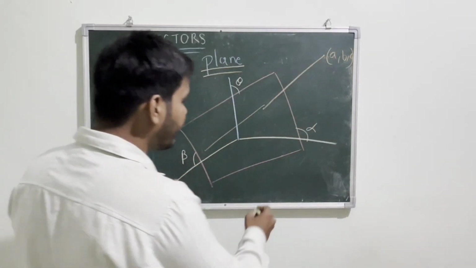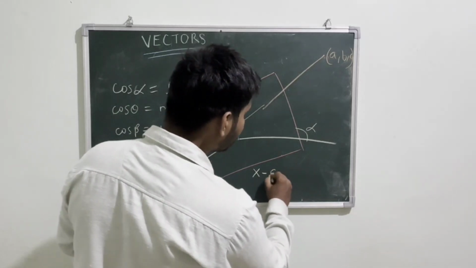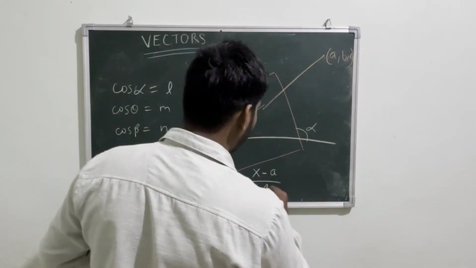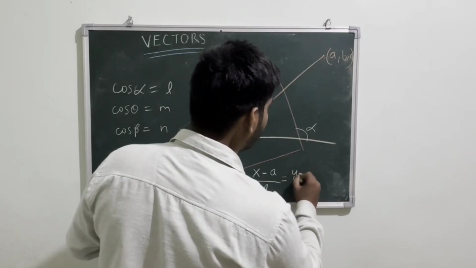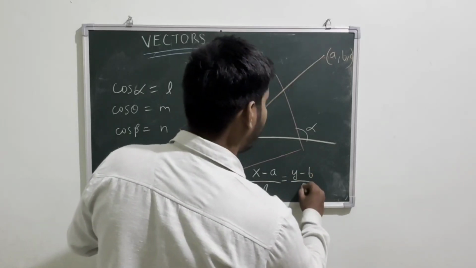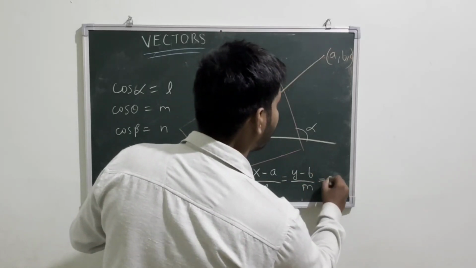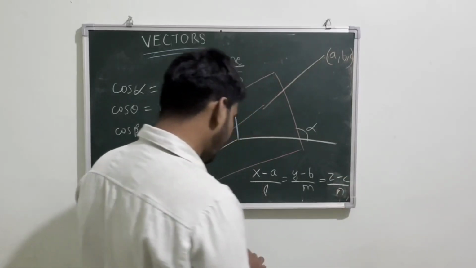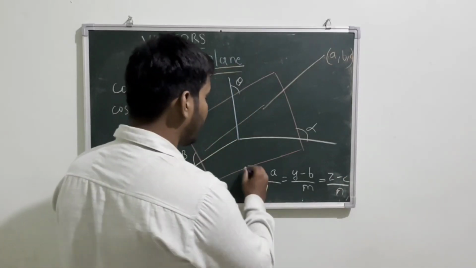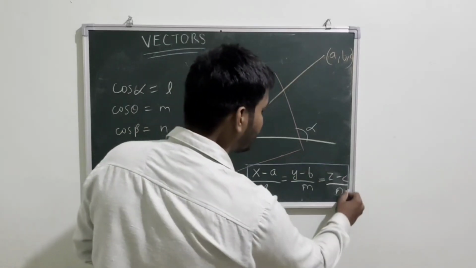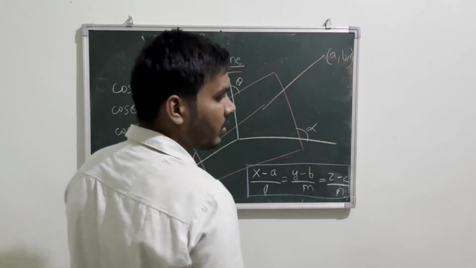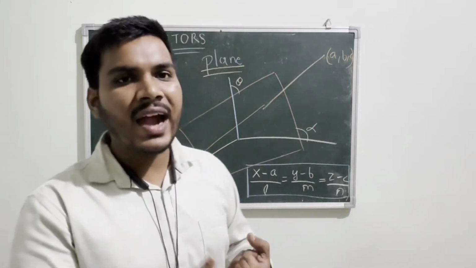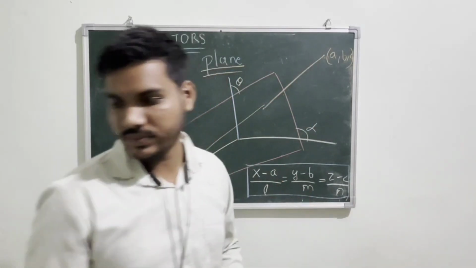So the general formula that we are going to use is x minus A divided by cos alpha, that is L, is equal to y minus B divided by M, is equal to z minus C divided by N. This is the basic formula that we generally use to determine the equation.